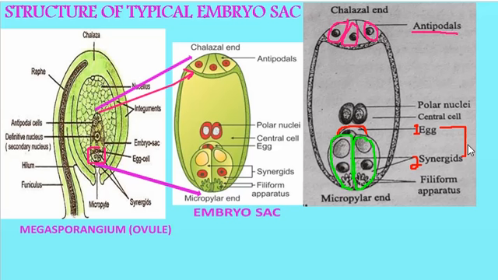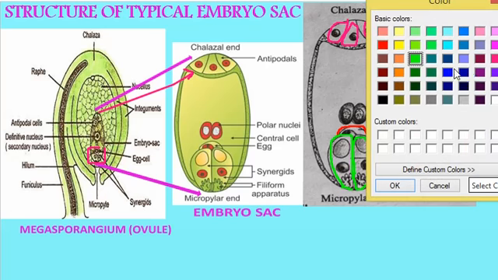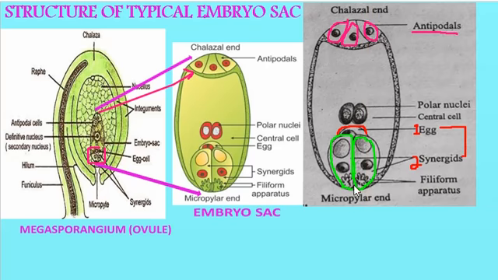Okay, then the synergids have special cellular thickenings and these cellular thickenings are known as filiform apparatus. Which are the filiform apparatus? You look at this here very clearly, you can observe there are some thick cellular thickenings present in both the synergids.